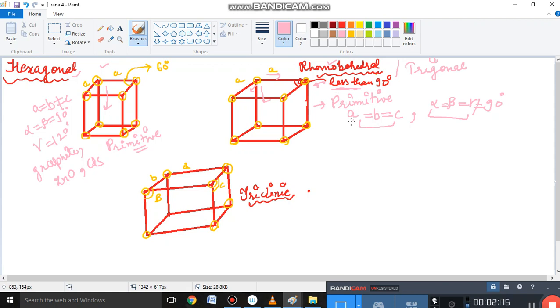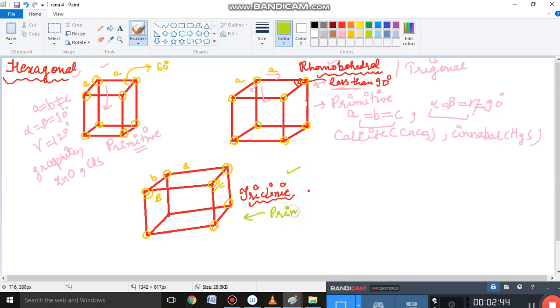Regarding its examples: calcite, that is calcium carbonate, and cinnabar, HgS, the sulfide of mercury.